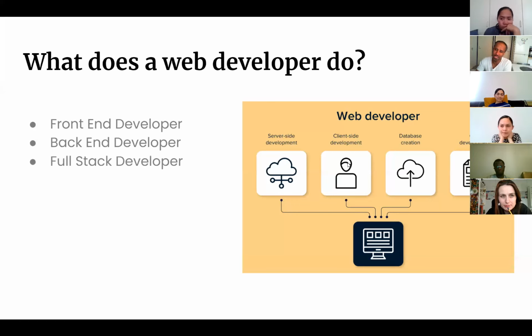This is what server-side development is: the backend. Client-side development is the front end. This database works together with the server side. And content management systems, like WordPress and those, have the backend somewhere, and it gives you a chance to interact from the interface and create websites.